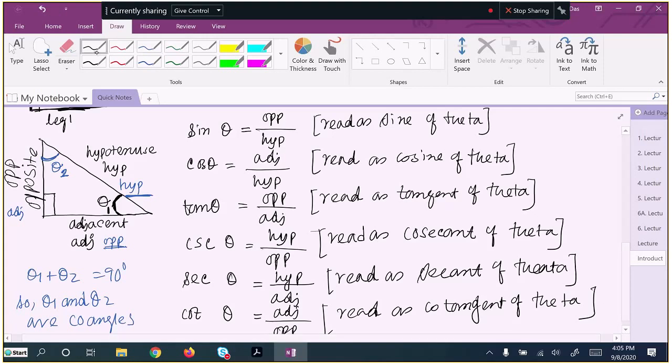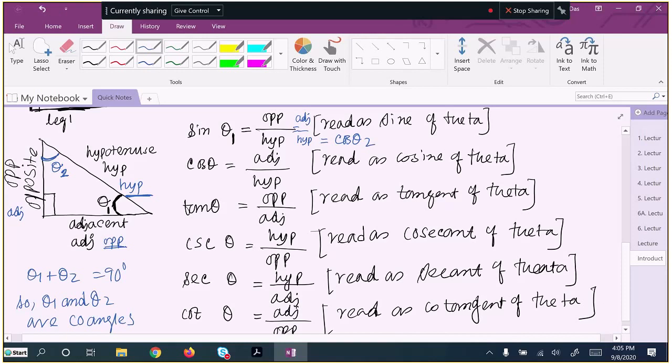Think about sine of theta 1. That is opposite over hypotenuse. But what was opposite with respect to theta 1 is now adjacent with respect to theta 2. So I can also say this is equal to adjacent over hypotenuse, since the hypotenuse did not change. But this is with respect to the angle theta 2. So that is cosine of theta 2.